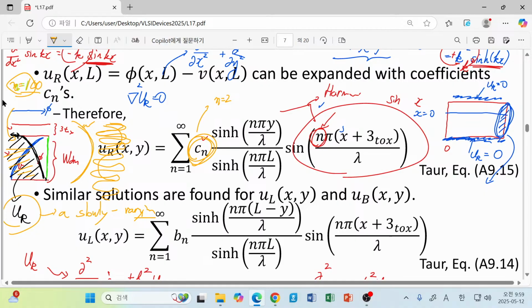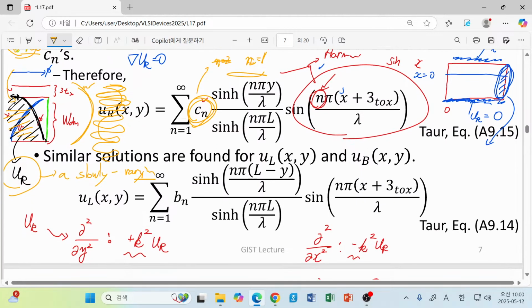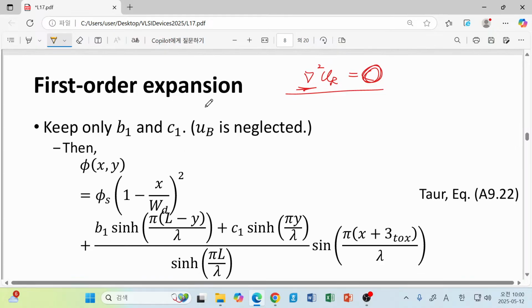So the most important one is just n equal to 1, the lowest mode, corresponding to quite close to the average value of this unmatched boundary condition. So that's the reason why in the next part we keep only the C1 coefficient. In general, of course, we must consider C2, C3, C4, and so on.